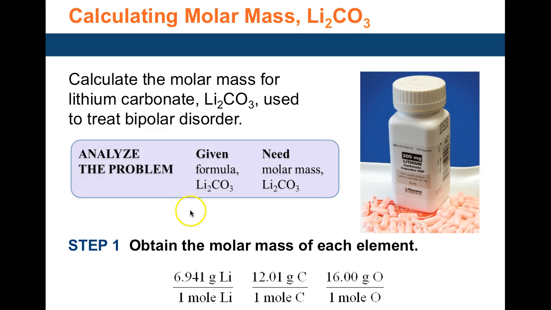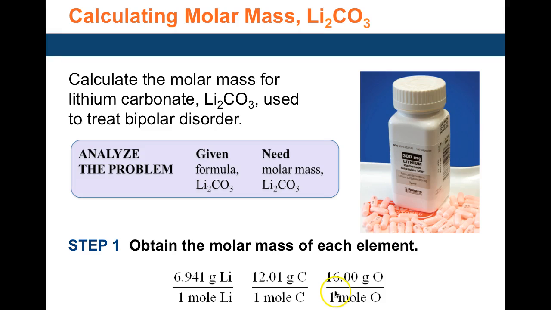Okay, so for example, lithium carbonate, there are 2 lithiums, all right? So that's 2 moles of lithium. So approximately about 7 grams of lithium per mole. So that would be 14 grams of lithium, all right? Carbon is around 12, so 14 plus 12 would give you 26.